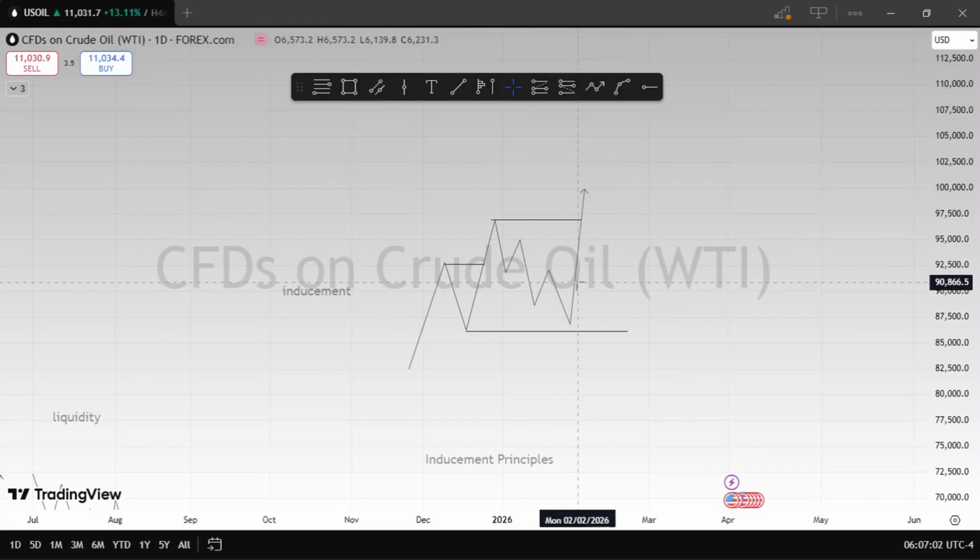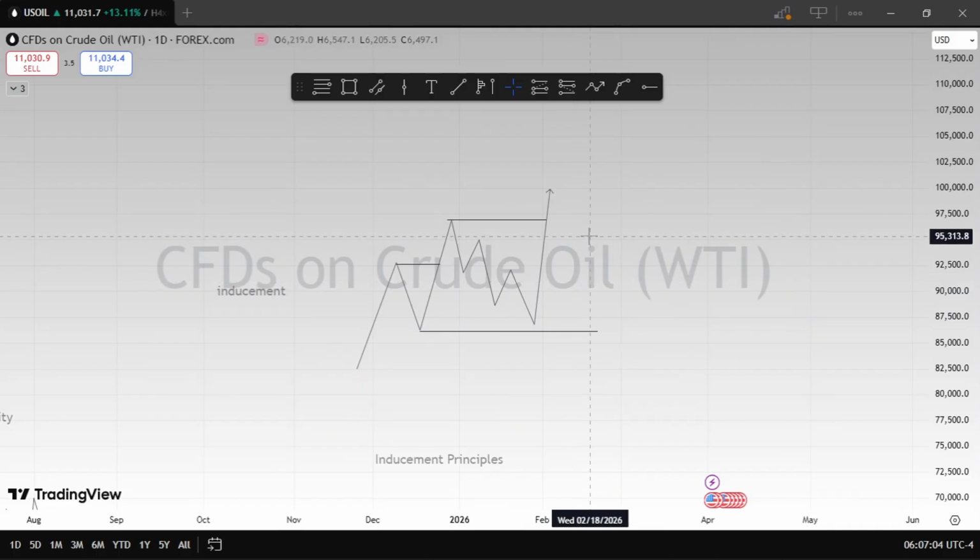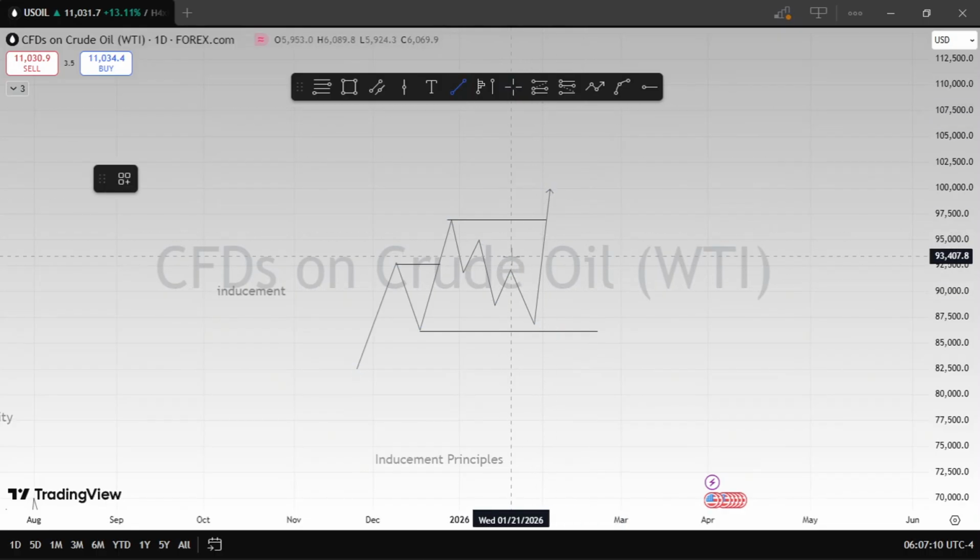And then how inducement forms, in TradingView, is price will take out at least two or more highs in a bullish trend.